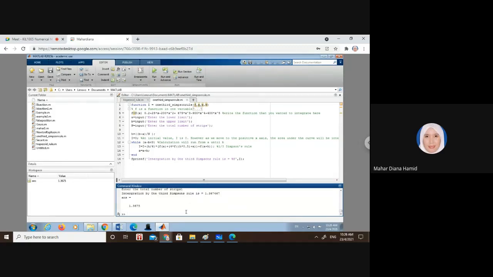Still 1.3. Yeah, because the one-third Simpson rule gives 1.3. And the trapezoidal rule is 0.17280. Did you get the same answer? Can you try to do that? Let me see. If this is 4 times.